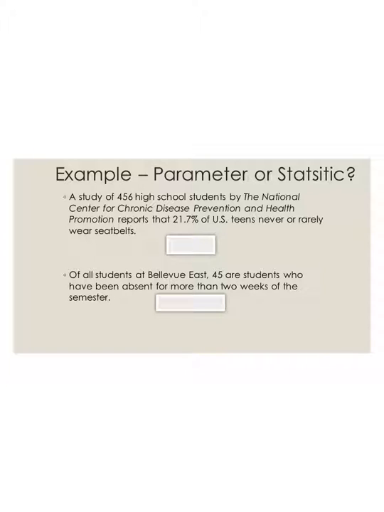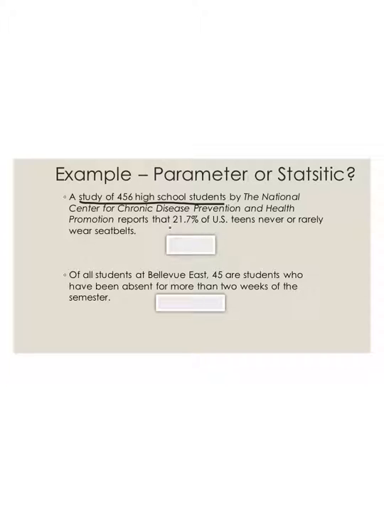Okay. Well, notice we have a study of 456 high school students. That's probably critical information, so I'm going to underline that. The National Center for Chronic Disease Prevention and Health Promotion reports that 21.7% of U.S. teens never or rarely wear seatbelts.